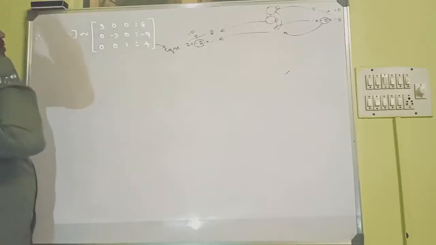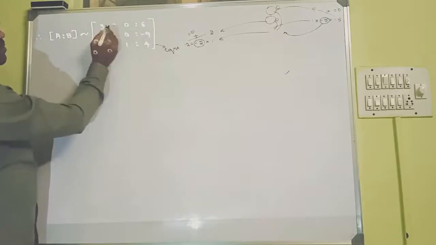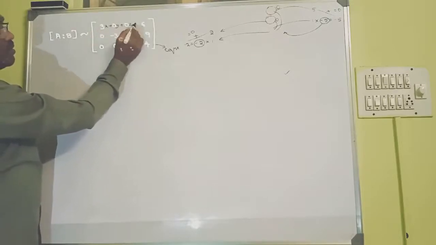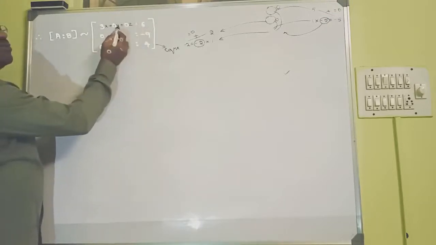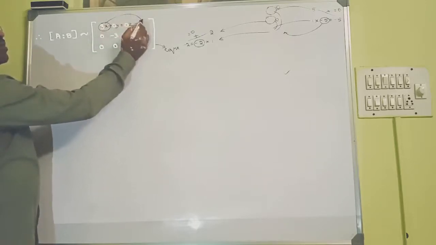How do we convert? This is 3x plus 0y plus 0z is equal to 6. Anyhow, 0y is 0, 0z is 0. Only we will be having 3x is equal to 6.